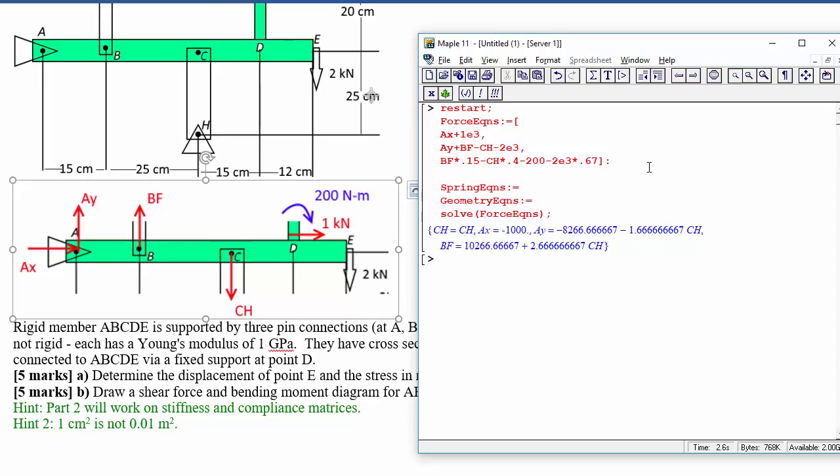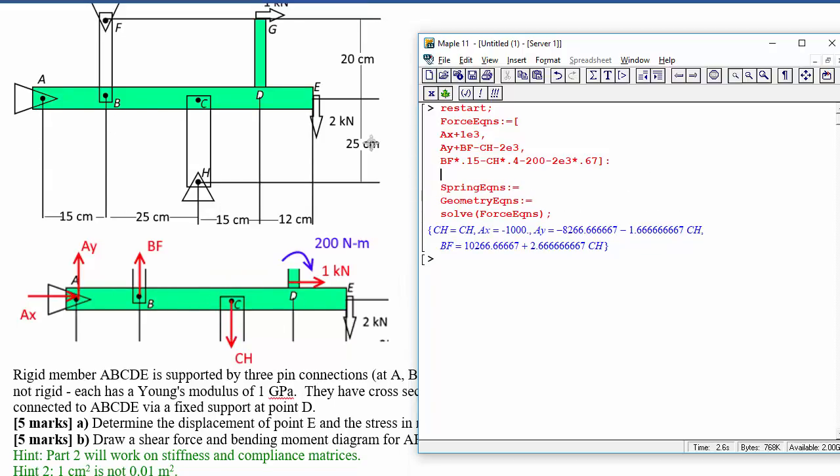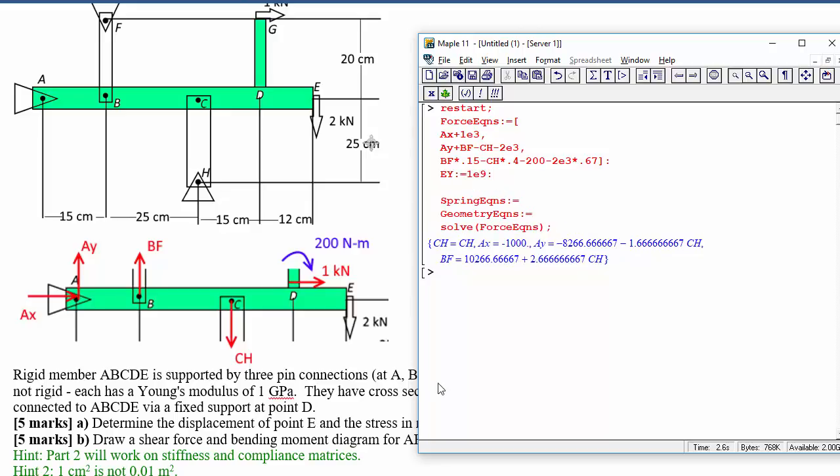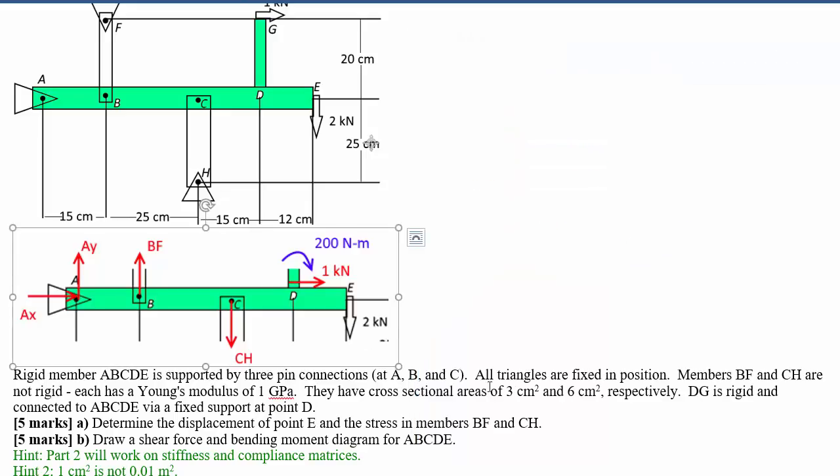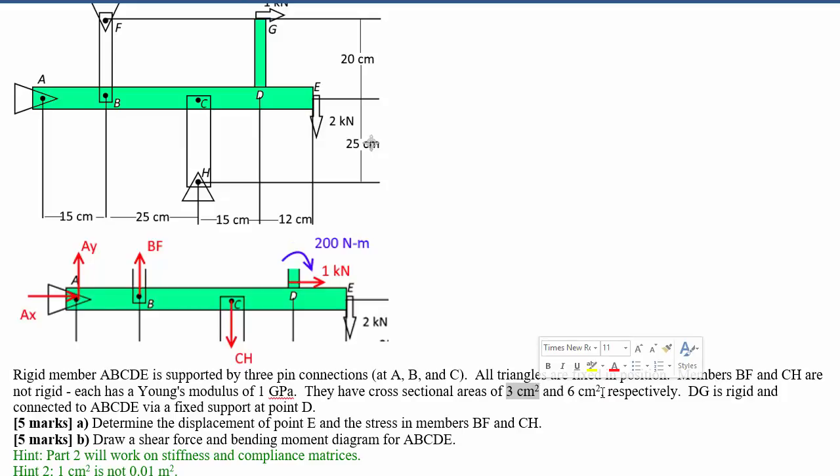So these members BF and CH are elastic. They have a Young's modulus given in the question here of 1 gigapascal. And they've got some areas associated with them. So let's see. BF has an area of 3 square centimeters and CH has an area of 6 square centimeters.